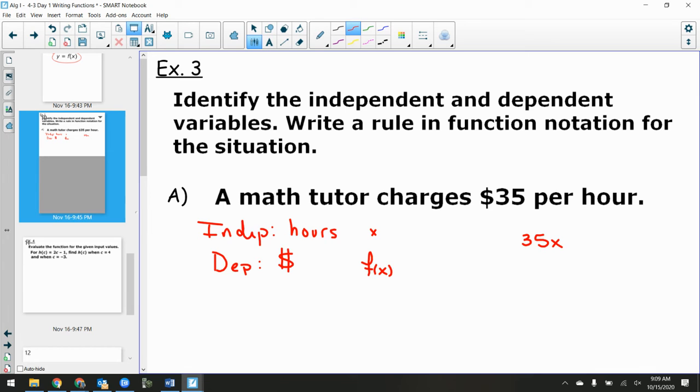We would normally say y equals 35x to write that equation. But since we know that it's a function and we want to use this special function notation, we say f of x is equal to 35x. Would it be wrong to say y equals 35x? Yes. Would it be wrong to just say 35x? Yes. If I say write it in function notation, you have to say f of x equals 35x.